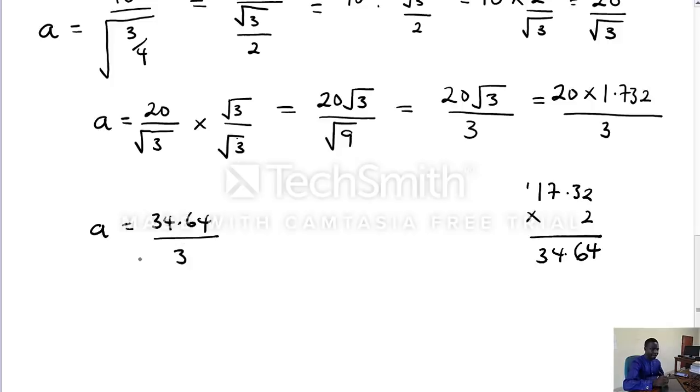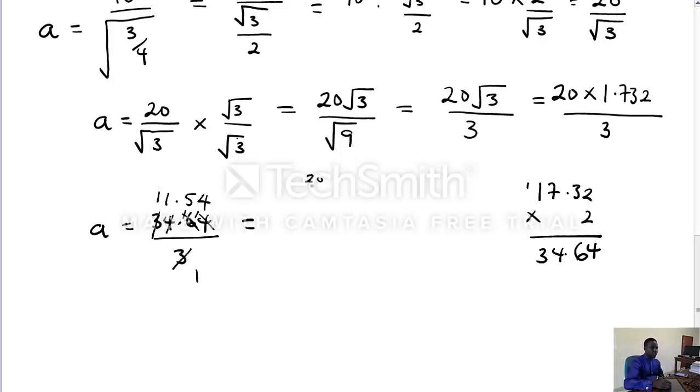3. When you divide this by 3, 3 into 3 is 1, 3 into 4 is 1, remainder 1, into 16 will give us 5, remainder 1, into 14 will give us 4, remainder 2.